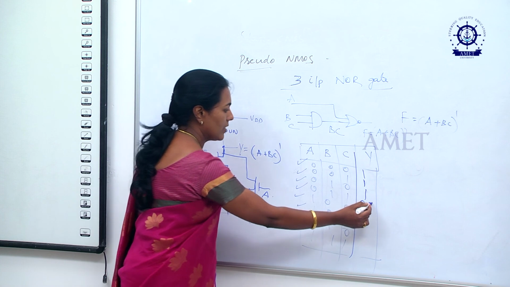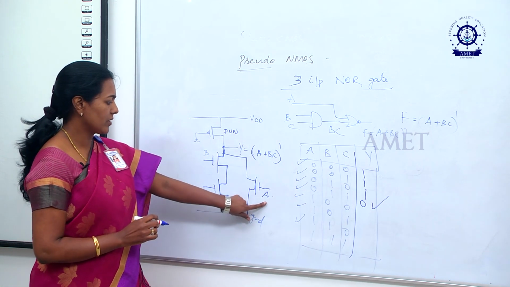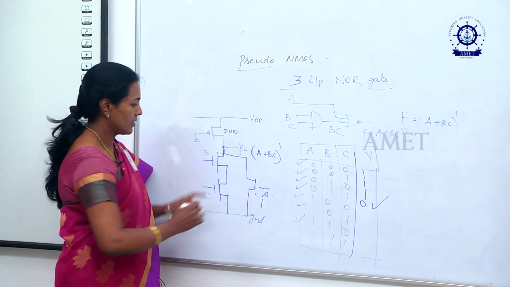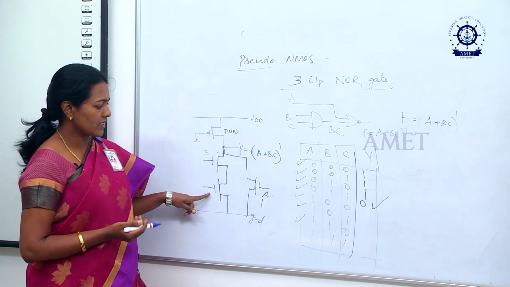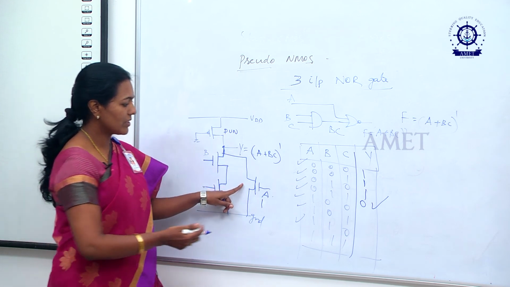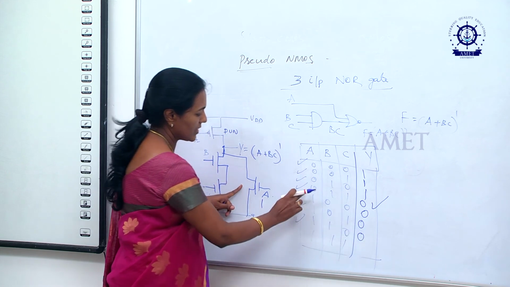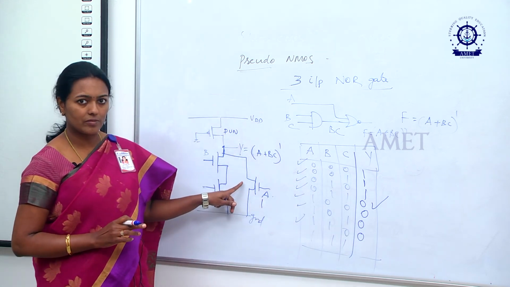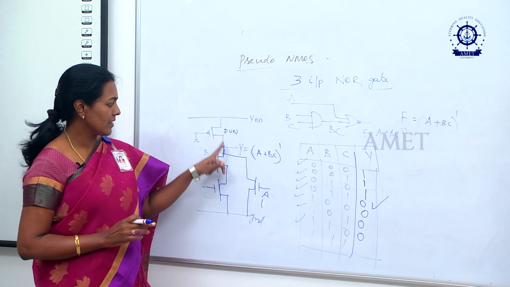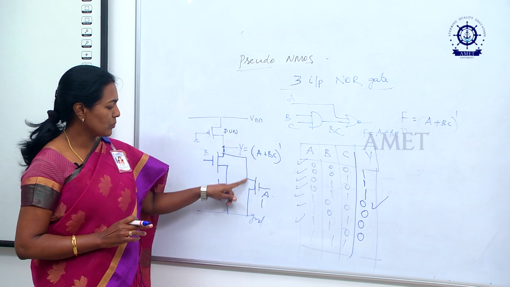And for the next case, for 1, 0, 0, A is 1, so this will conduct. B and C are 0, this will not conduct. So naturally the path will be established, and it is 0 here, and this is also 0. Because A is 1, A always conducts, and since A is conducting, the current will be flowing through this device.